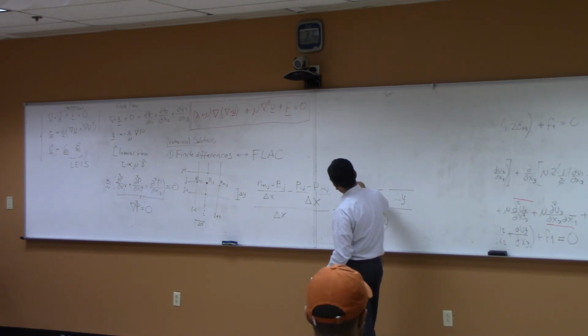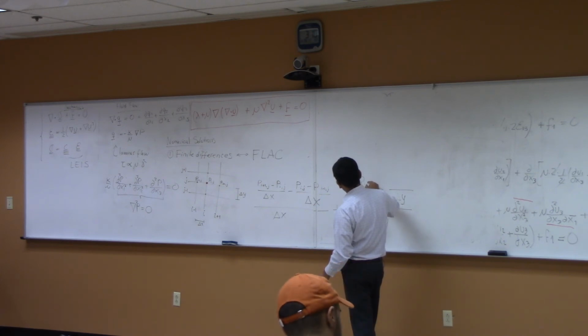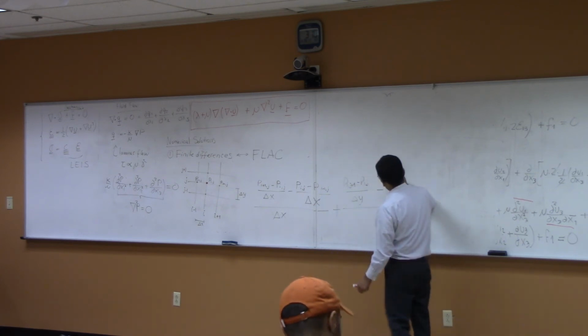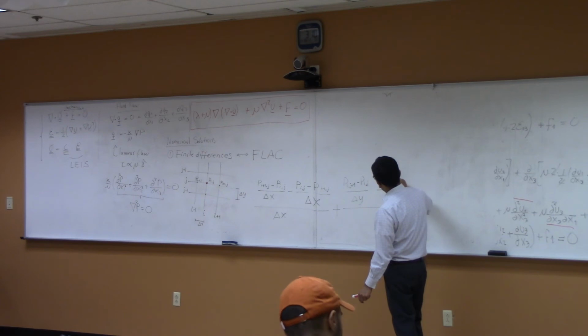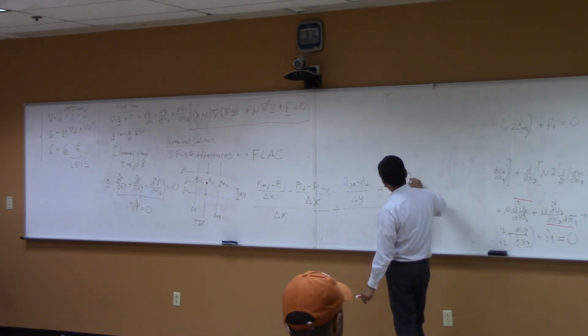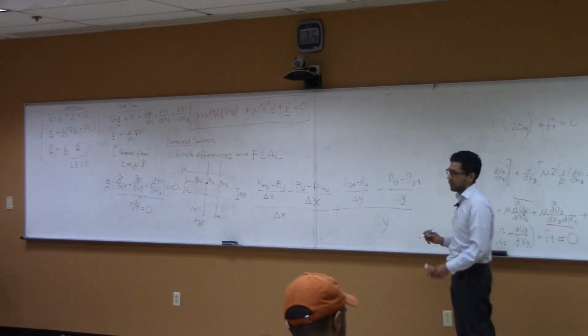Pij plus 1, right, minus Pij, and here I'm going to have Pij minus Pij minus 1, right?